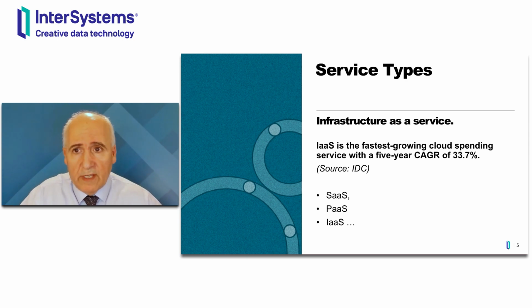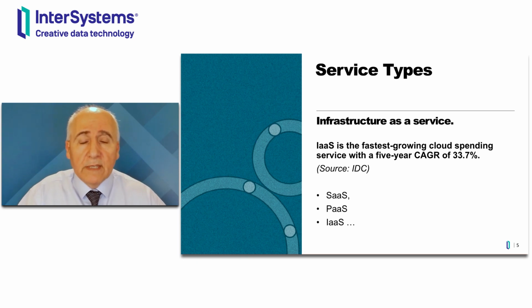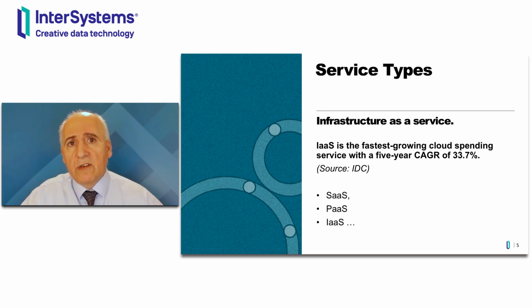Infrastructure as a service, on the other hand, where customers provision custom-sized storage, virtualized technology, servers, and network services, is in fact the fastest growing spending area, with a 5-year compound annual growth rate of 33.7%. So infrastructure as a service is certainly appealing and it's certainly growing.